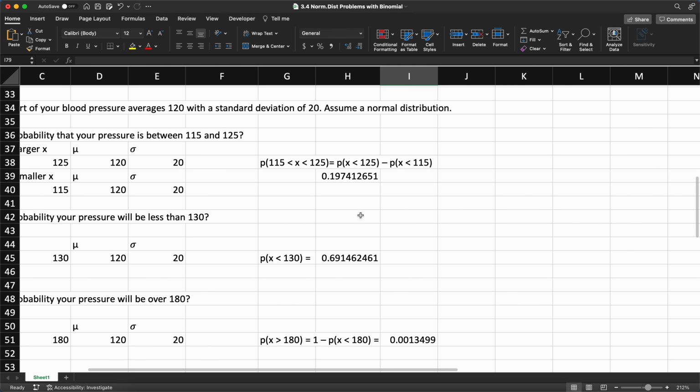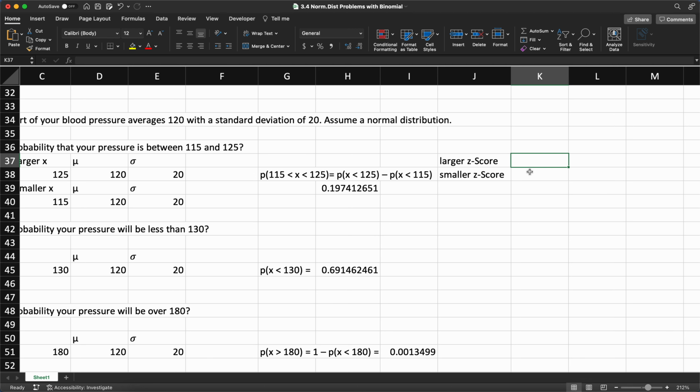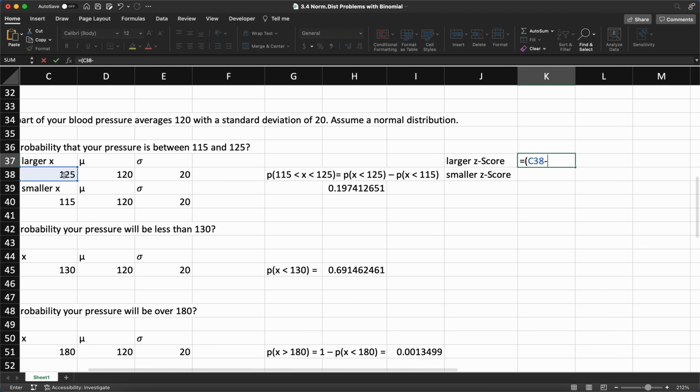So if I found the z-score for the larger z-score, and I found the z-score for the smaller z-score, the way I do that is we know that the first one was 125, so we're going to do 125, actually we have the value right here, minus the mean.